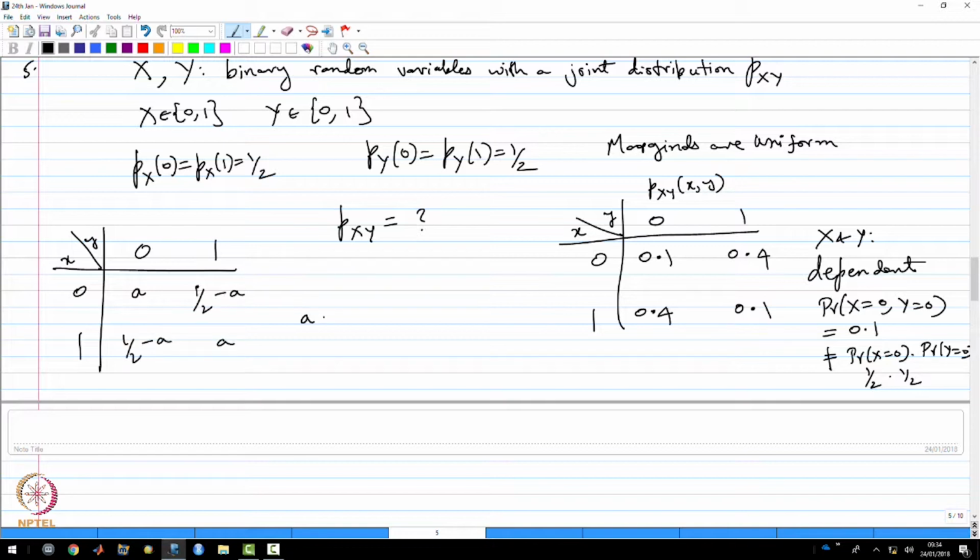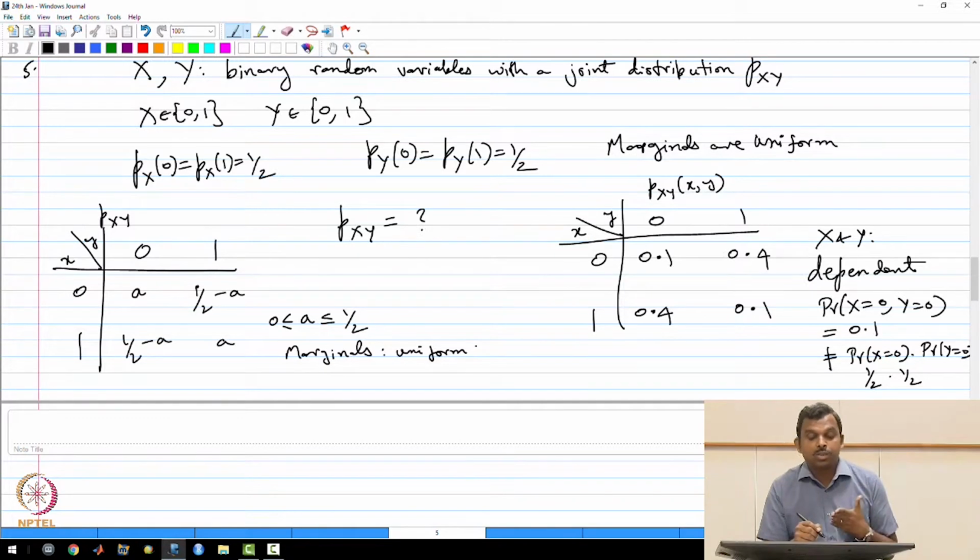And a could be any value from 0 to half. So for any a from 0 to half, this joint PMF will always give you marginals which are uniform for both x and y.